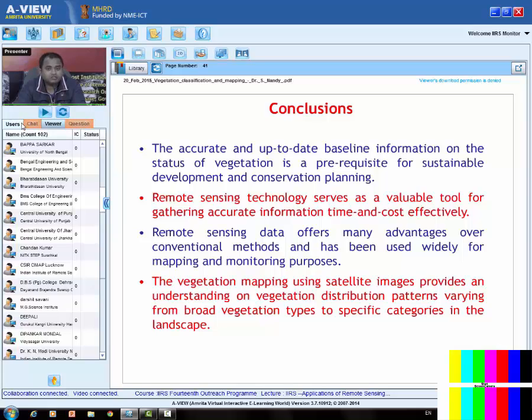This technology serves as a valuable tool for gathering information time and cost effectively. Moreover, this data offers many advantages over conventional methods and has been widely used for mapping as well as monitoring purposes. So this is all about how you interpret an image and how you classify and map vegetation in different categories. Thank you.